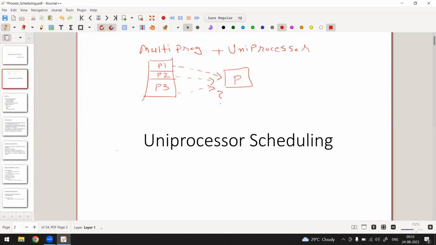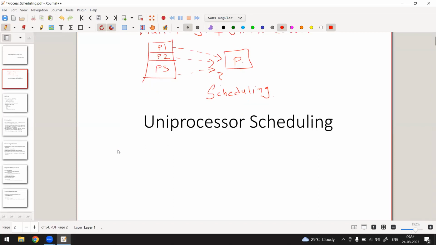This decision of scheduling a ready process from the main memory to the processor is called process scheduling, and it is what we are going to see in today's session. Depending on the different algorithms, you can have different scheduling policies, which we will see as we move on. So this is the basic idea of process scheduling.